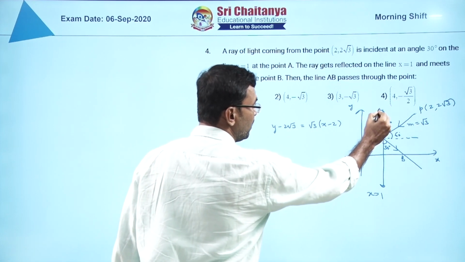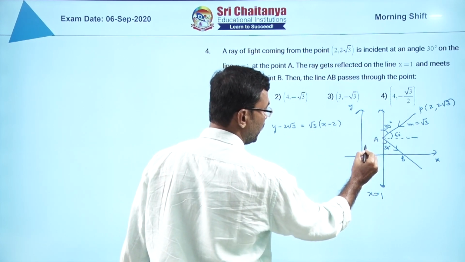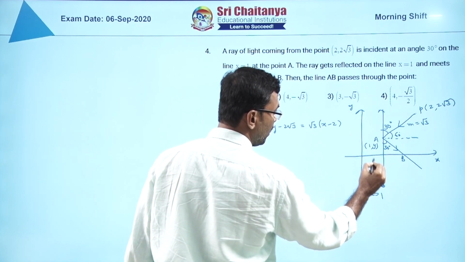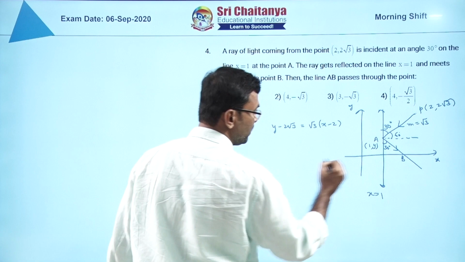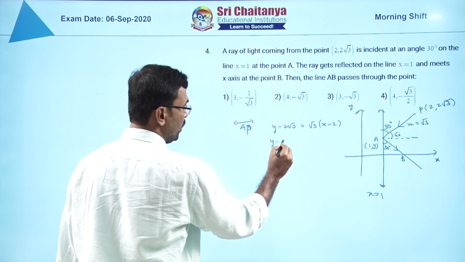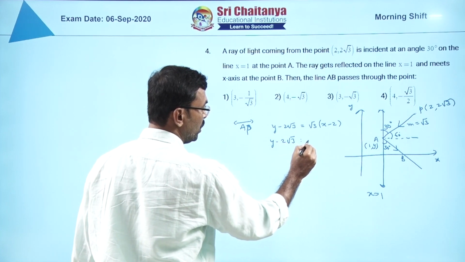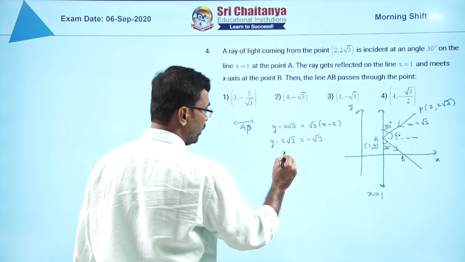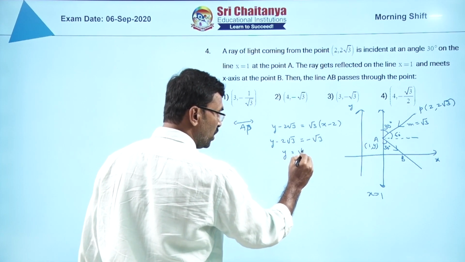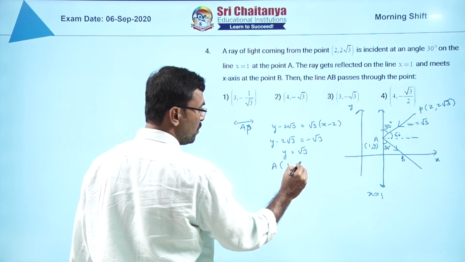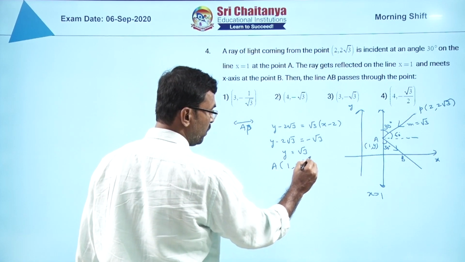This line meets the line x is equal to 1 at A. Let us suppose A be 1 comma y, because point A lies on x is equal to 1. Now, substitute in this, then I will get y minus 2 root 3 is equal to root 3 into 1 minus 2, which is minus root 3. Therefore, y is equal to root 3. So, the point A is 1 comma root 3.